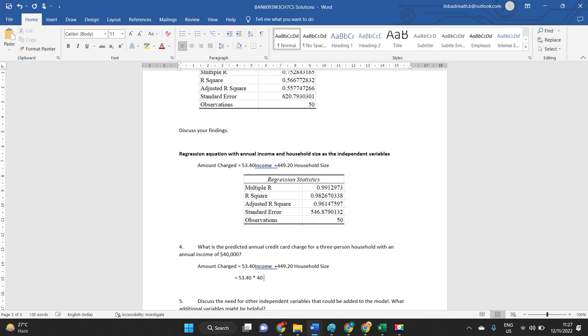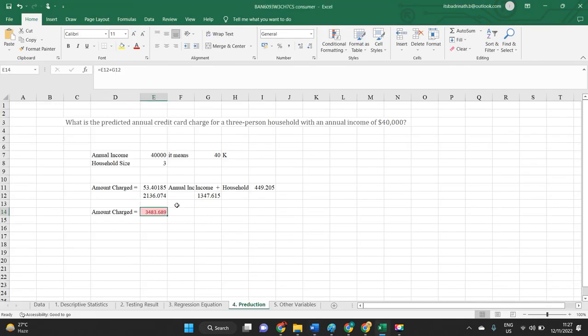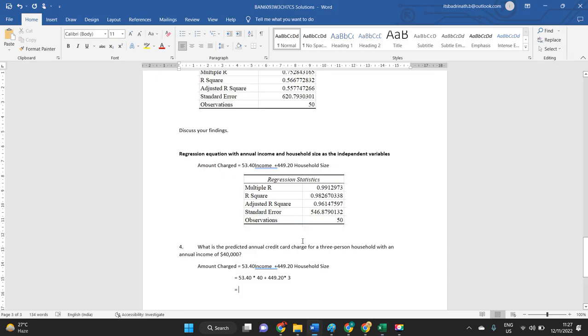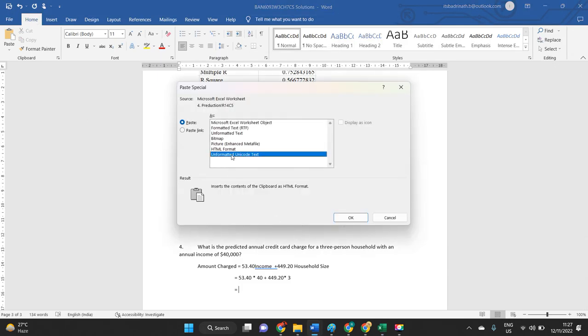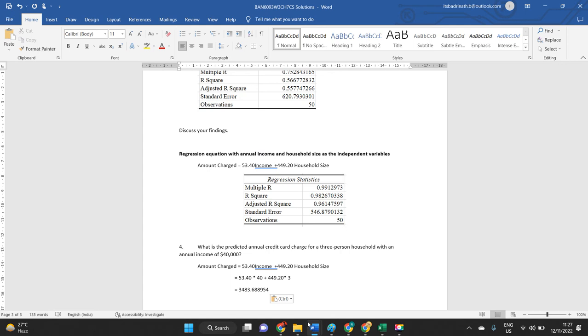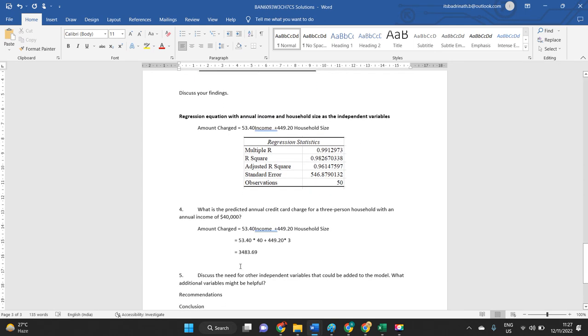So 40 plus this value into how many households? 3. So now the value will be calculated as 3483.69. You can reduce the size of decimals. This is the value.